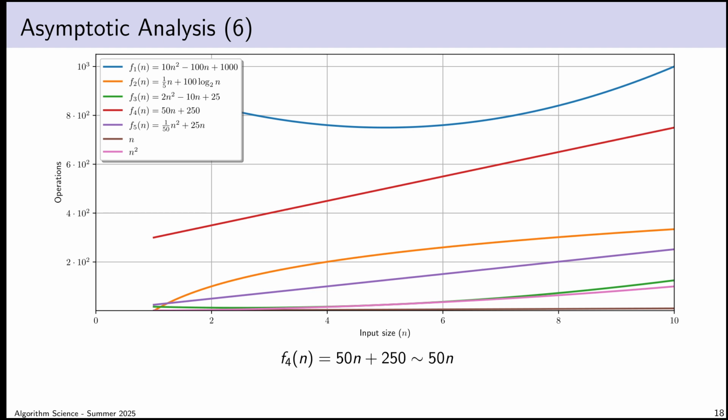Then I've got f4. F4 would be this darkish red line here. It approaches 50n. So it and the orange line are both things that approach some function of n by itself, n to the 1. And then finally f5, which approaches 1 over 50n squared. So that constant 1 over 50 is going to make f5 pretty small. Let's see, where is f5 on this? I think f5 is this one here.